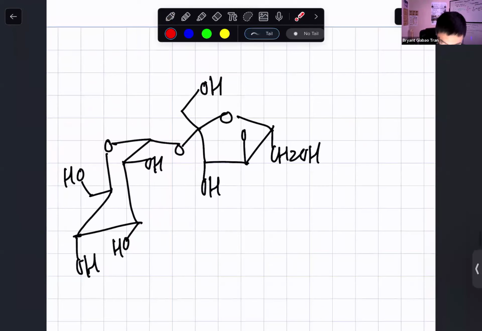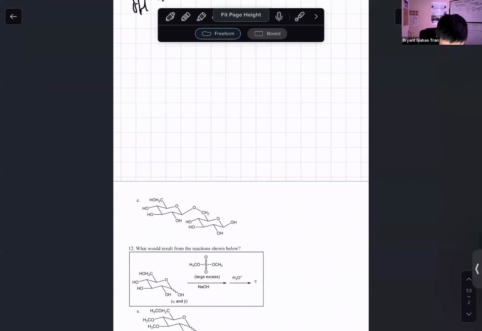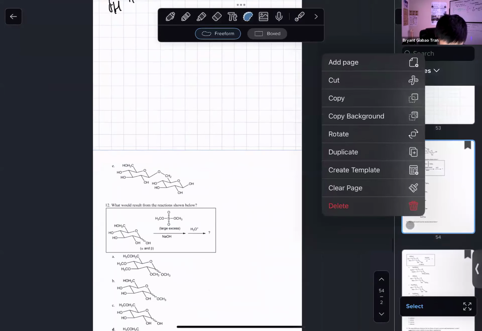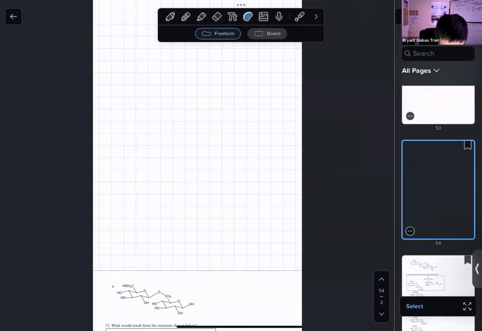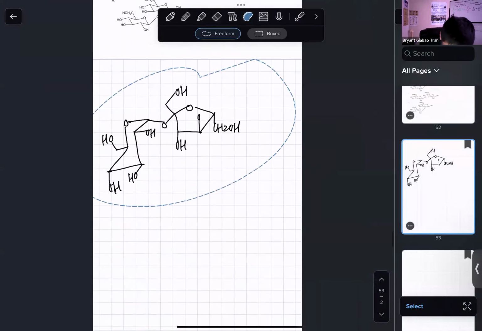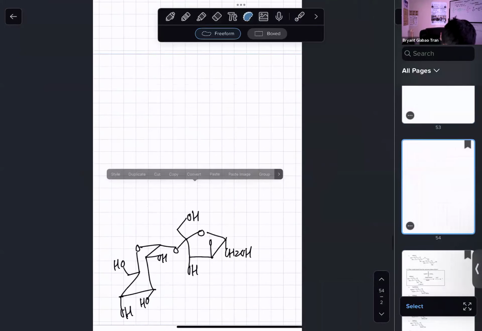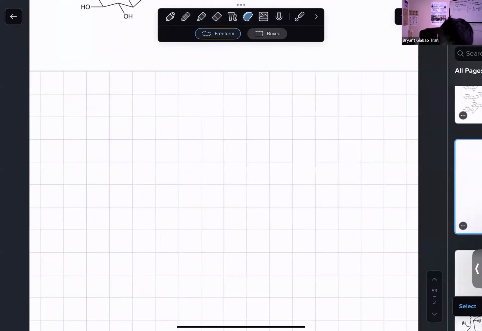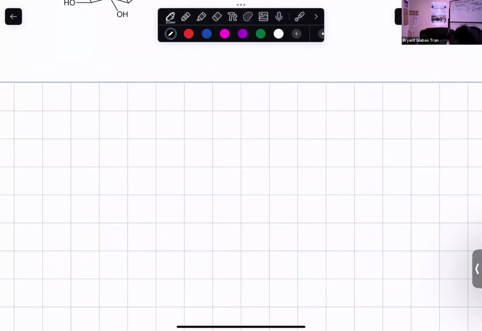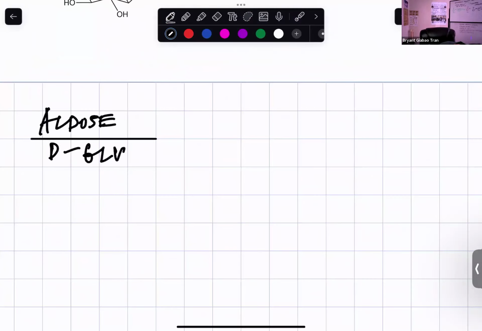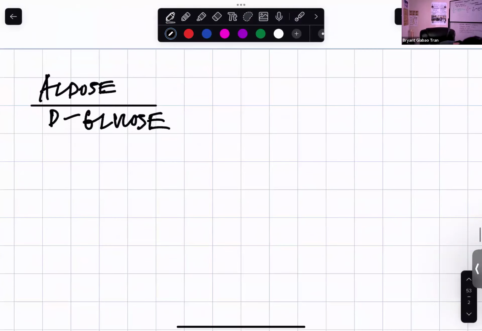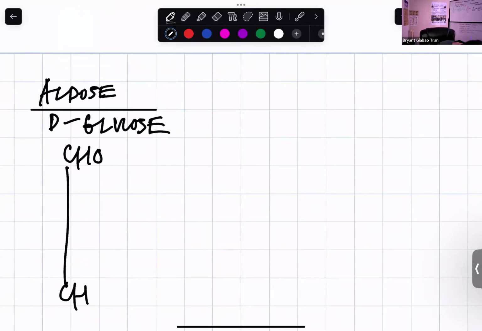Let me go back to this quite later, but I have to explain how we close the ring for aldoses and ketoses, right? So for an aldose, let's say D-glucose, for example, the Fischer projection is going to be this.